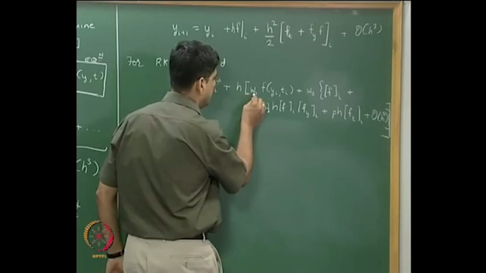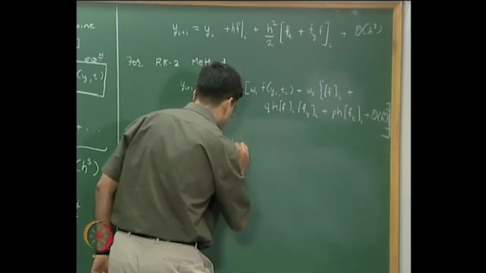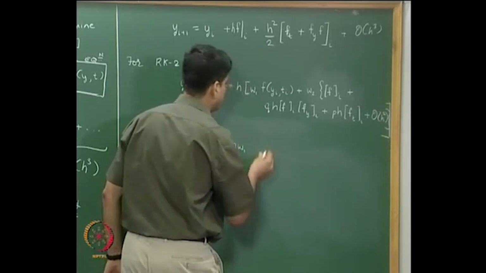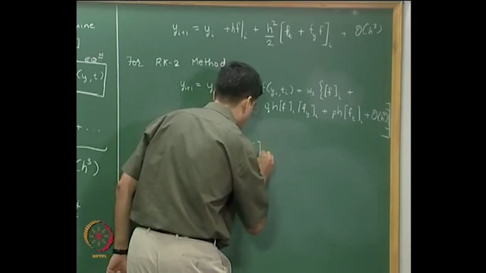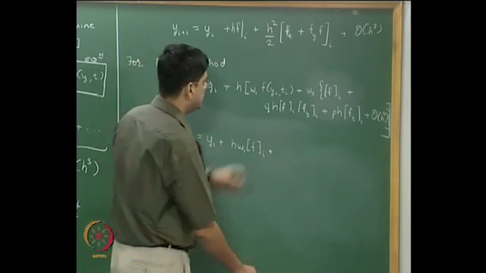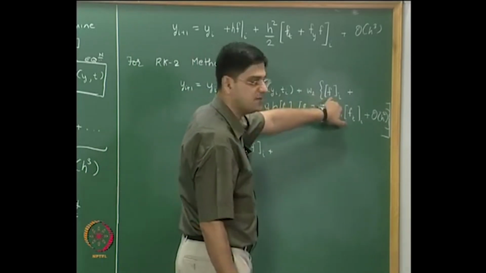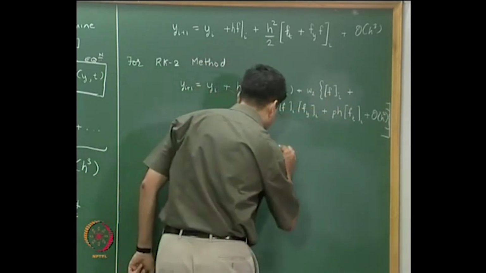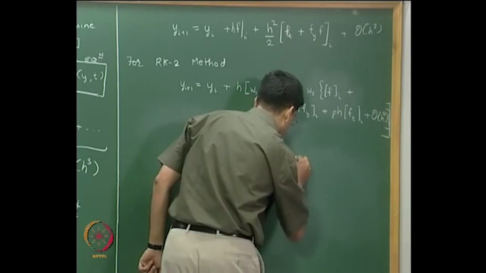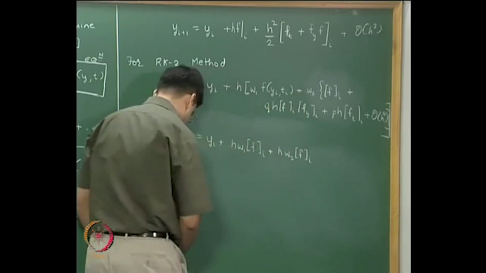So we have h multiplied by w1 multiplied by f computed at i, plus the other term that is computed at i, which is h multiplied by w2 multiplied by f computed at i.